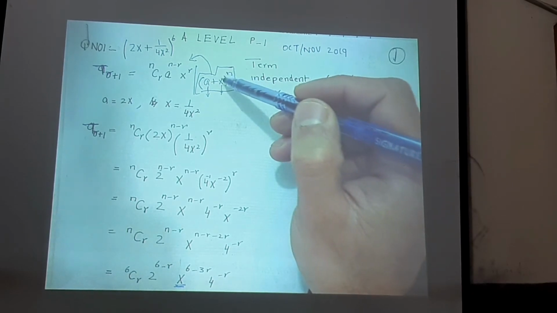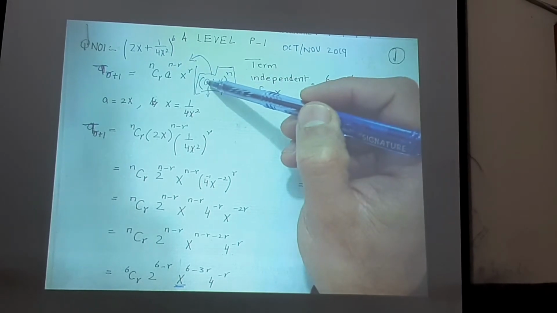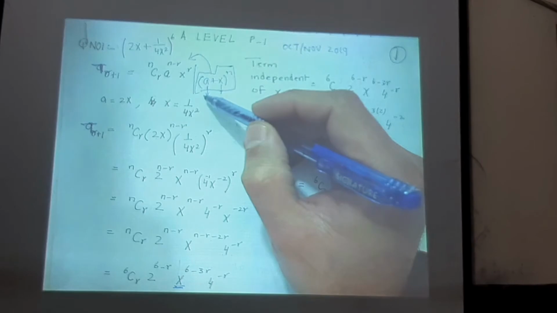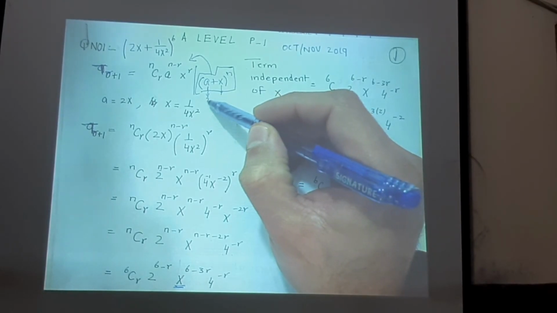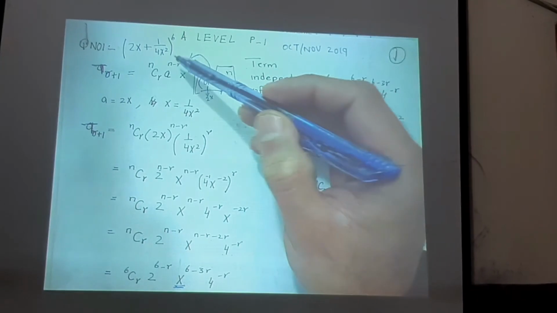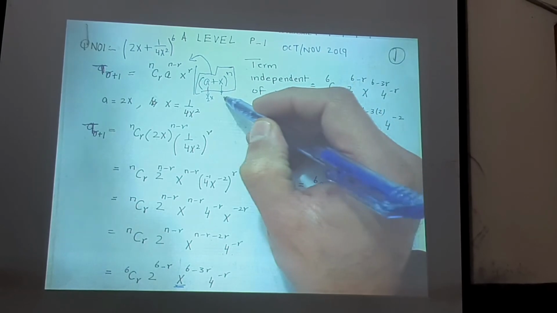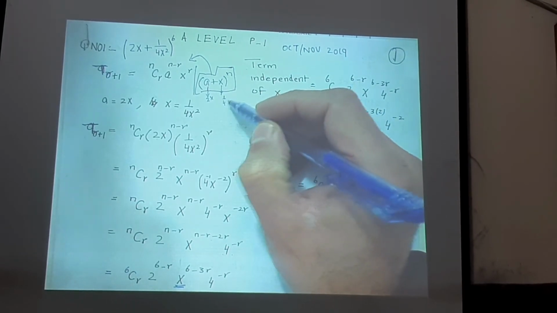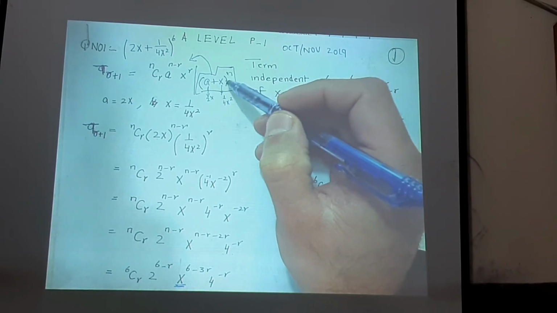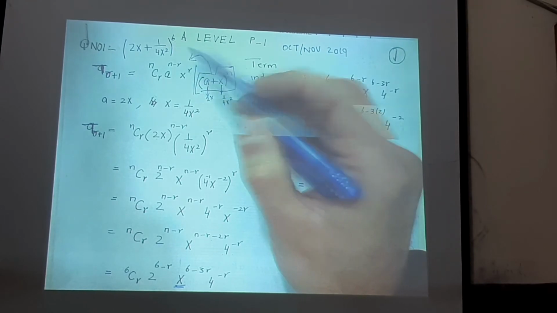If I compare this expression with my question, then in place of a I have 2x. So a is basically 2x. I am just writing it over here. In place of x I have 1 over 4x², so x is 1/(4x²), and n, which is the power in this case, is 6, which is my question.